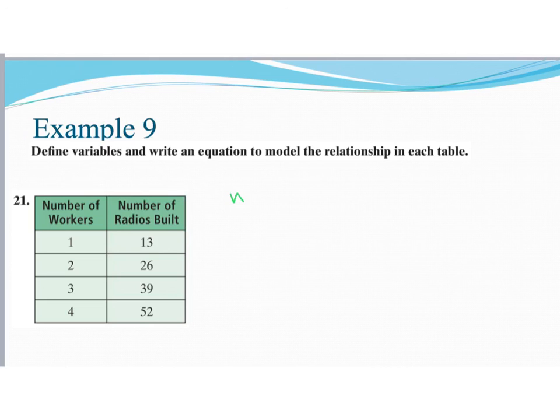So I'm going to say that W is equal to my workers. And I'm just going to use R is going to equal the number of radios built.